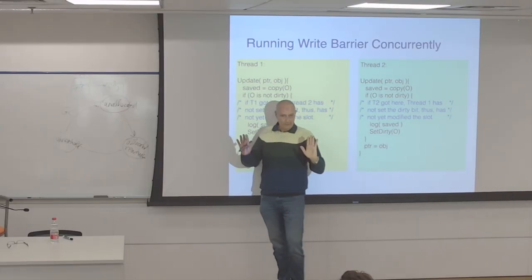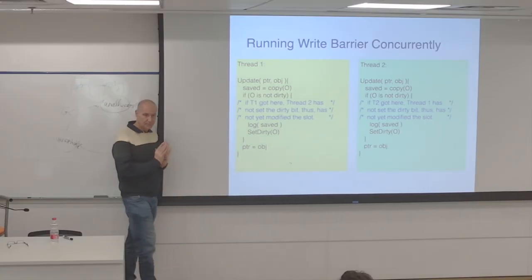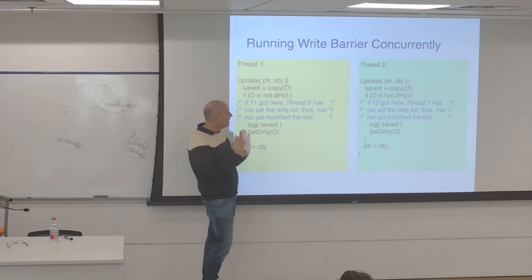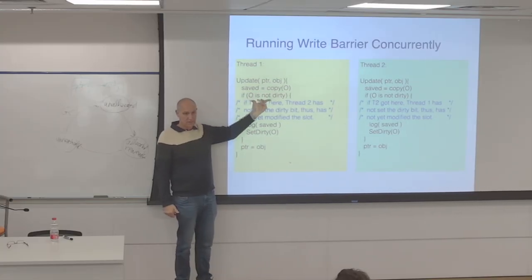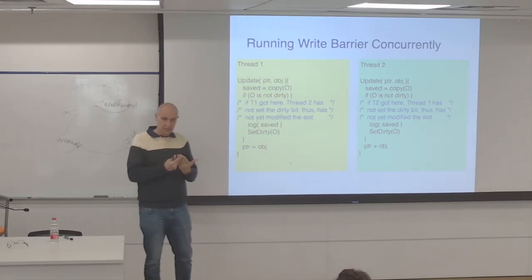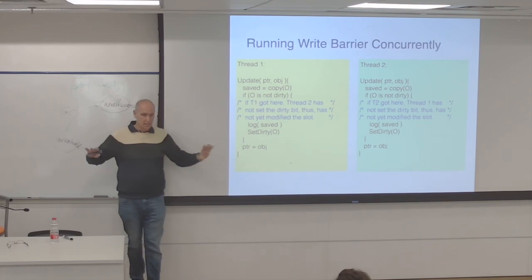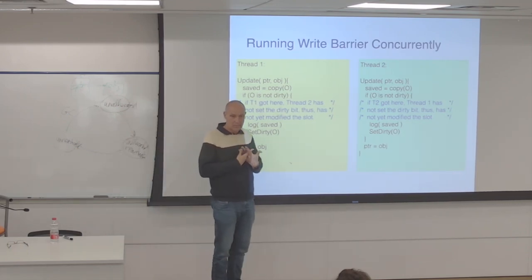So it is bound to read the correct value from the snapshot. So just the fact that I read the object state before I checked if it was dirty gave me the property that all the threads see the state of the object as it was in the snapshot.